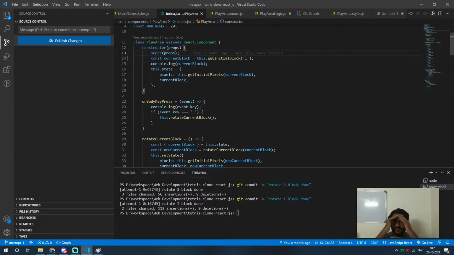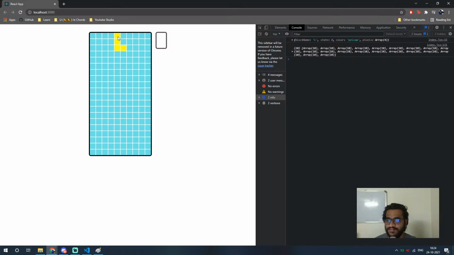I think for the L block we should keep the rotation logic as it is. Sorry.